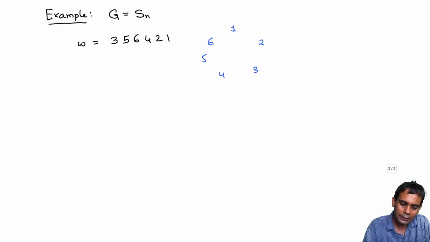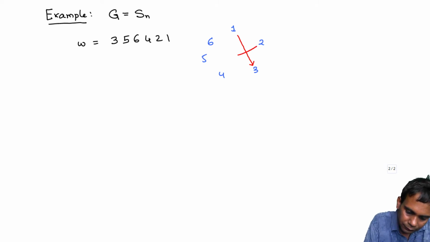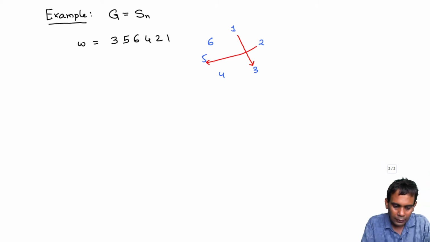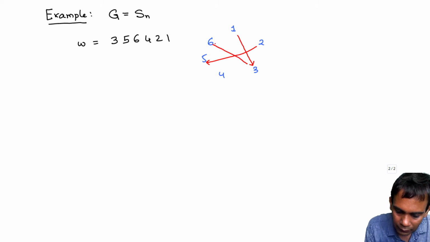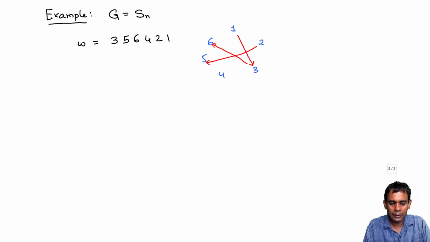So W takes 1 to 3, and it takes 2 to 5. It takes 3 to 6. It takes 4 to 4.